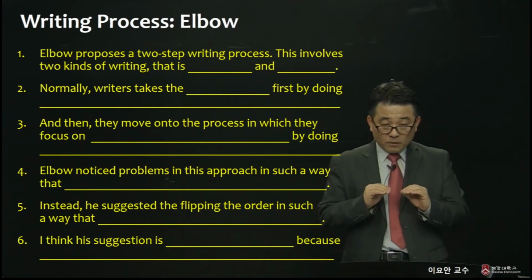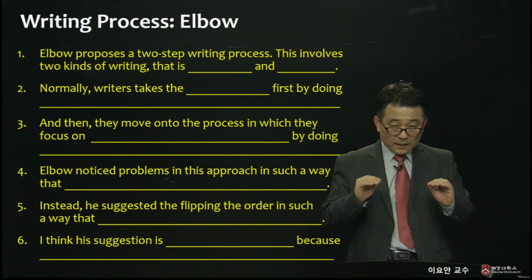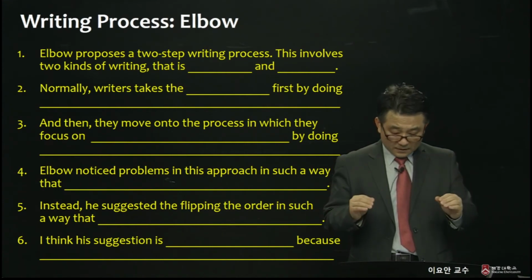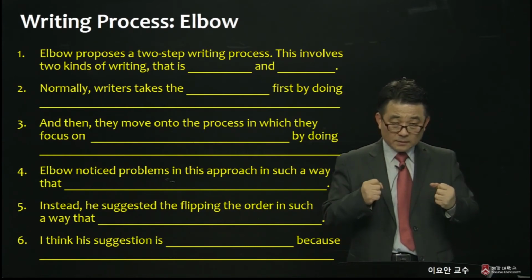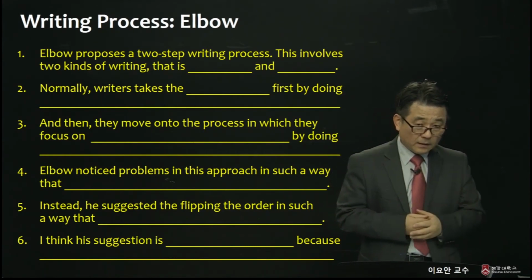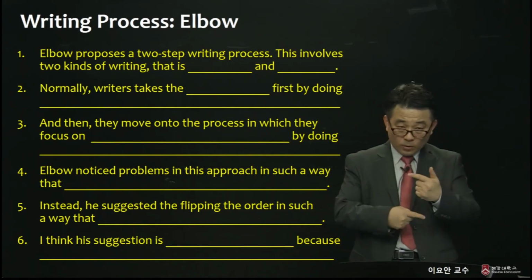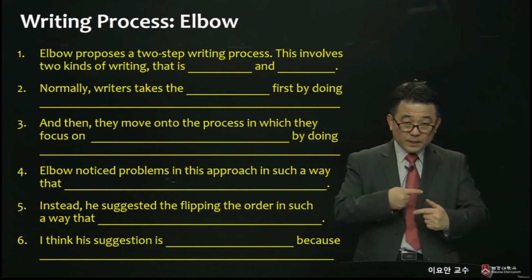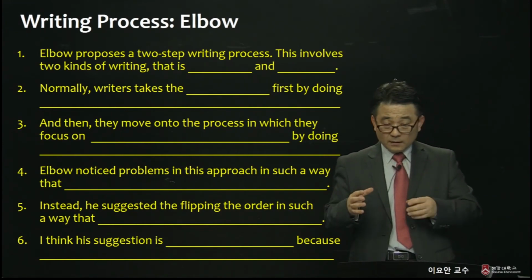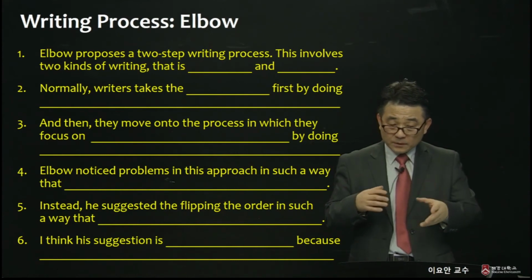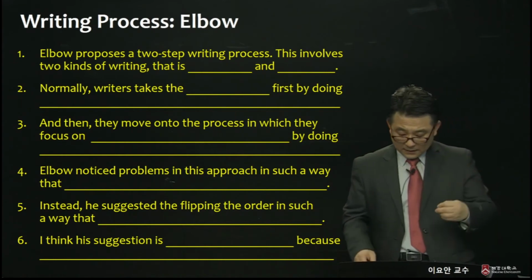The problem, according to Peter Elbow, is that this critical writing is too overwhelming, so that it discourages people from developing writing skills. So he wants to reverse the order so that people can begin with creative writing, a leisurely, very flexible kind of writing, and then move on to critical writing later on.